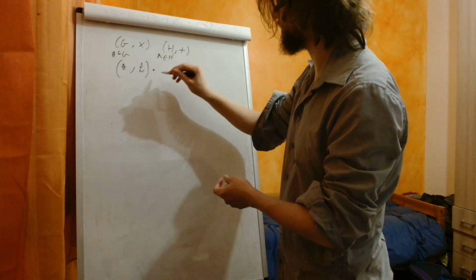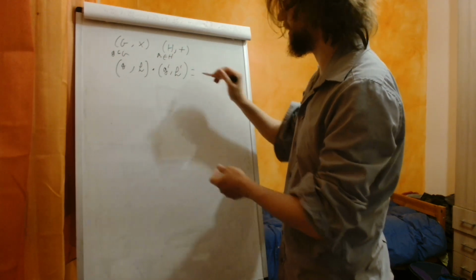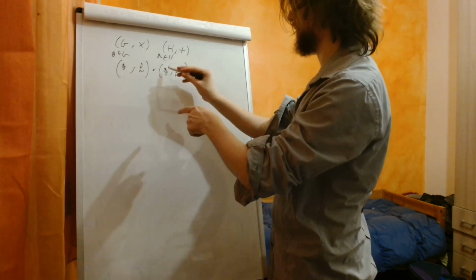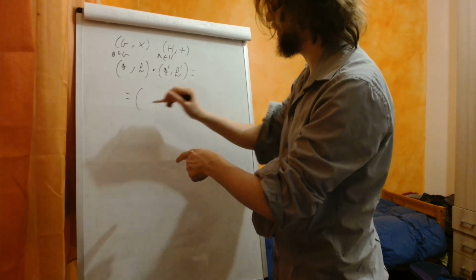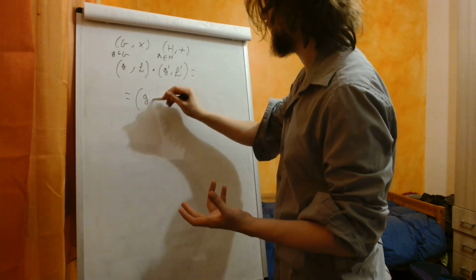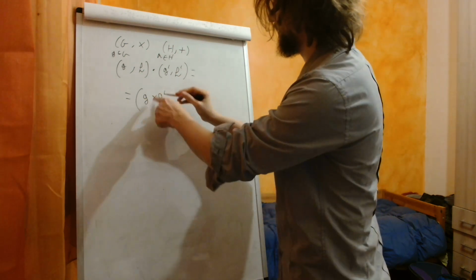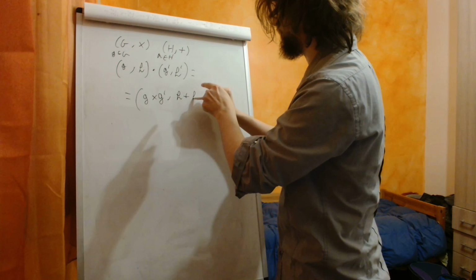Then the operation with another element, and same thing, this is in this group and this is in this group. The composition of the 2 operations, here the times and here the plus, the respective operations.